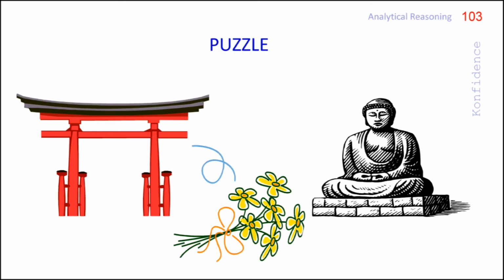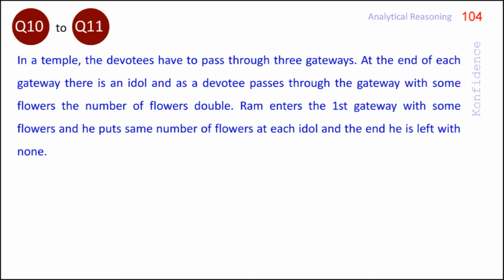Now, let us look at the example of a puzzle. Refer to questions 10 and 11. In a temple, the devotees have to pass through 3 gateways. At the end of each gateway, there is an idol, and as a devotee passes through the gateway with some flowers, the number of flowers doubles.